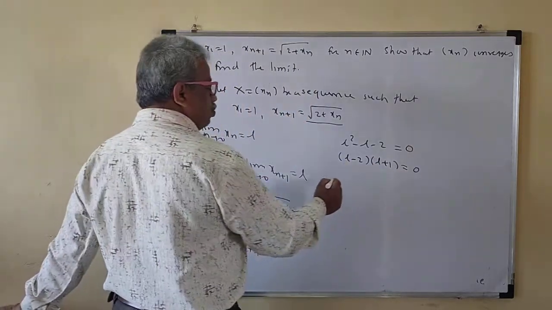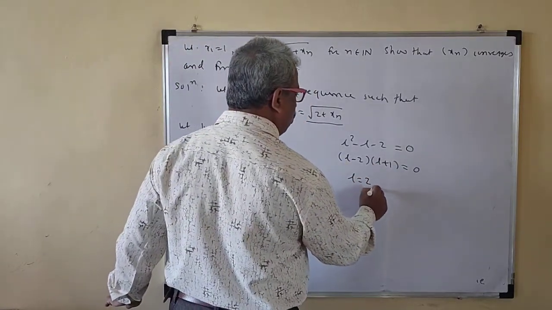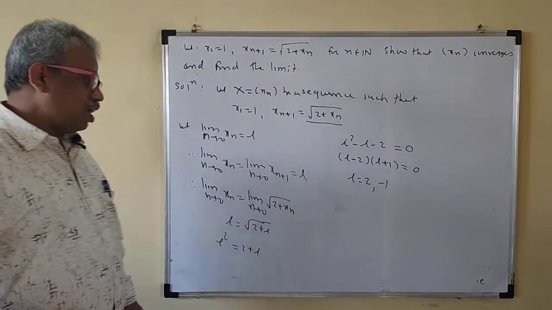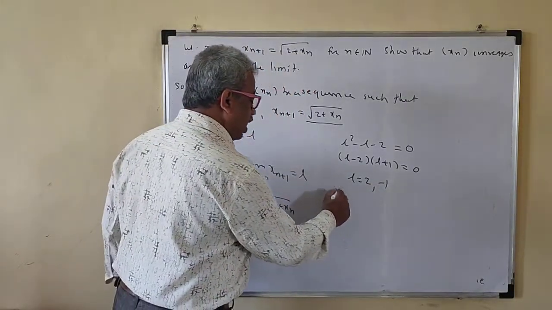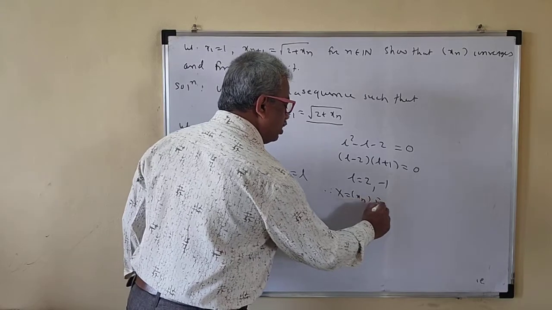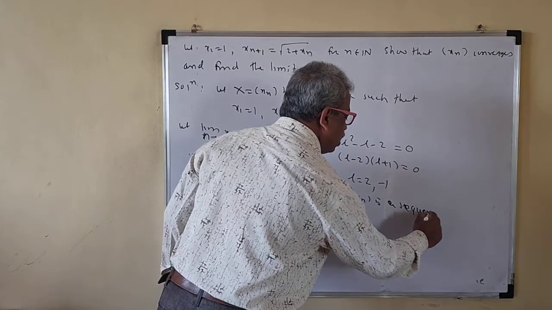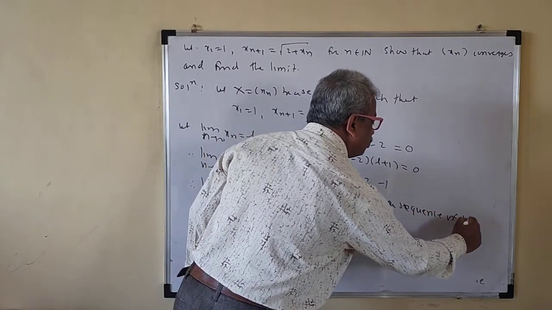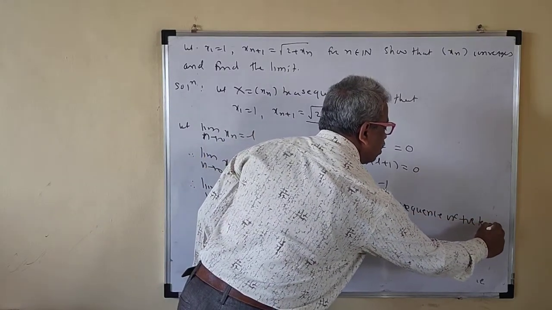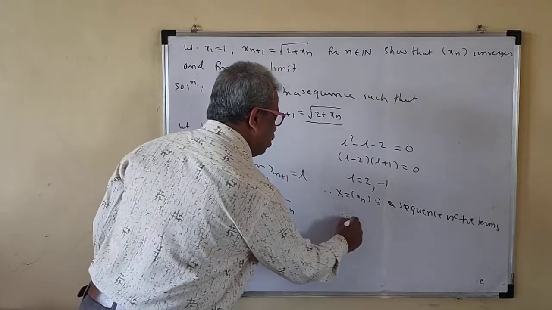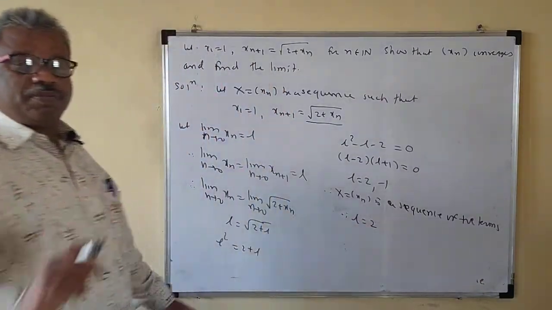This is 0, so that means L is equal to 2 and minus 1. But x equal to xn is a sequence of positive terms. Therefore, L is equal to 2. L will not be minus 1.